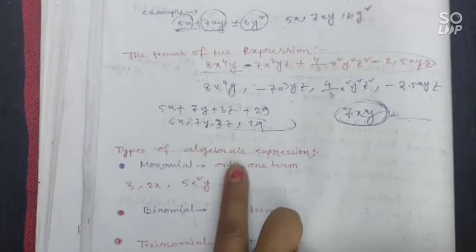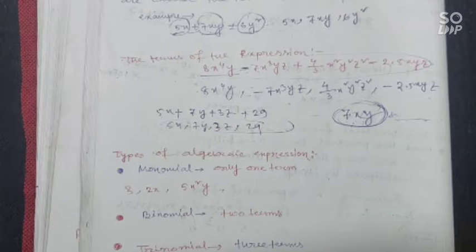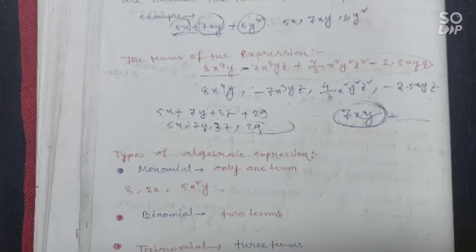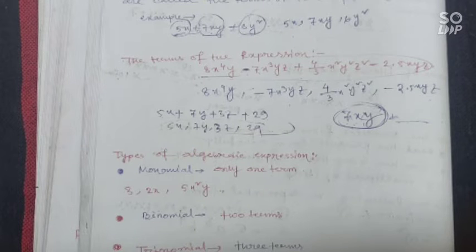So our today's next topic is types of algebraic expression. You have already learned about the algebraic expression and about the terms of the expression. What are called the terms of the expression? Various parts of an algebraic expression which are separated by the signs plus or minus are called the terms of the expression.